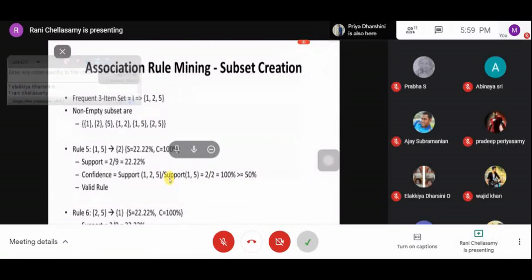Then you check with the support and the confidence. If it is less than the minimum support threshold value and minimum confidence threshold value, then you state that the particular rule is an invalid rule. If it is greater than the threshold values, then you can accept it.